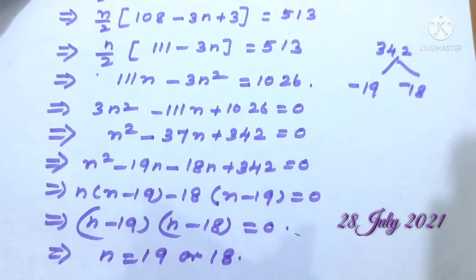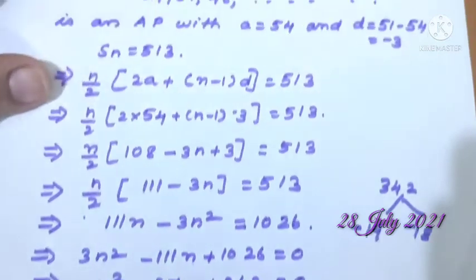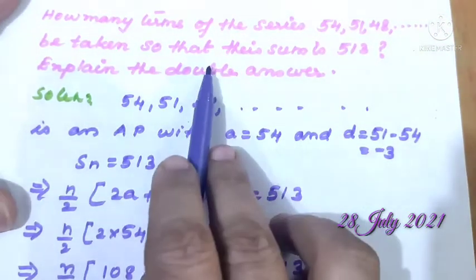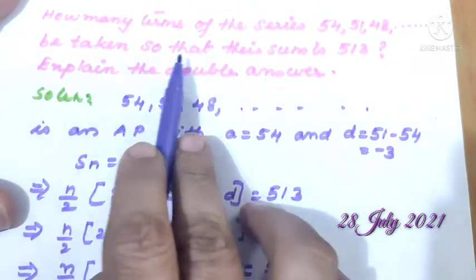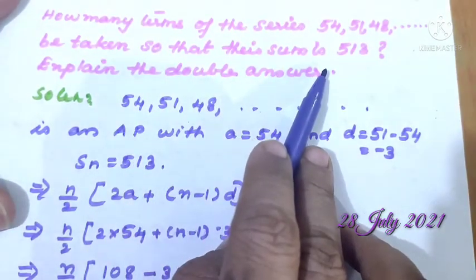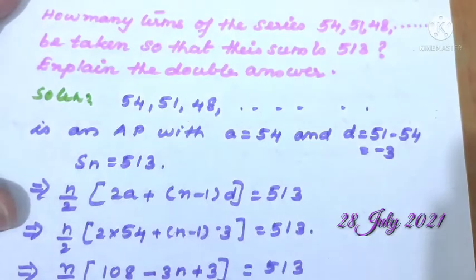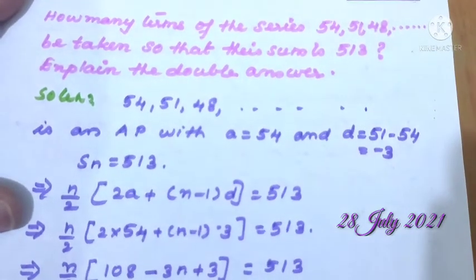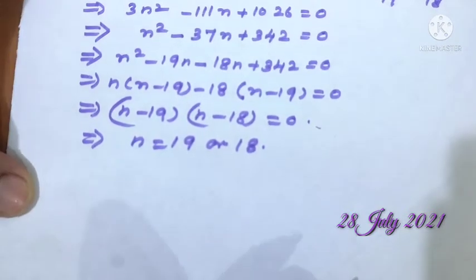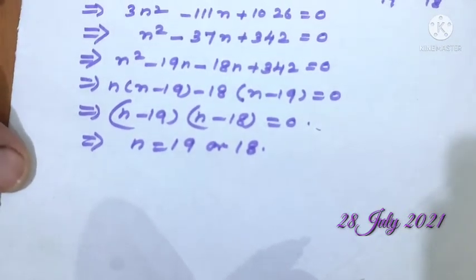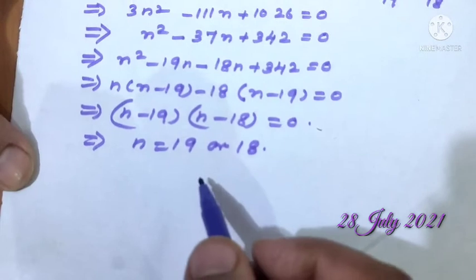Now the question asks why the double answer. I'll bring back the question to you: how many terms be taken so that their sum is 513? Explain the double answer. So we got n equal to 19 or n equal to 18, both are positive. So now let us check why the double answer is there.